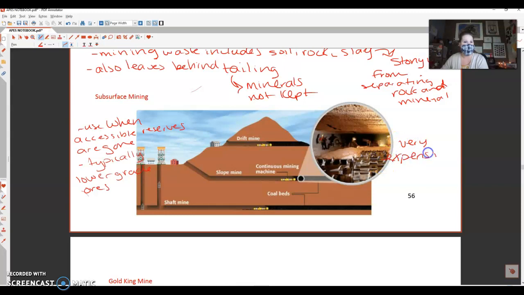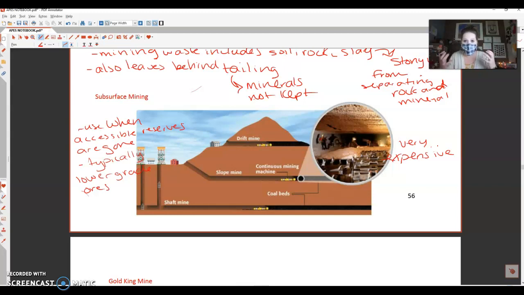So you have to take into account the amount of money it is going to cost to have the machinery to dig this deep, the fossil fuels needed to power that machinery, the extra pay that you have to give to the actual miners to do this, because this is way more dangerous than surface mining.